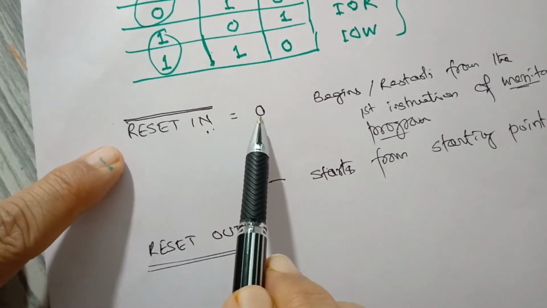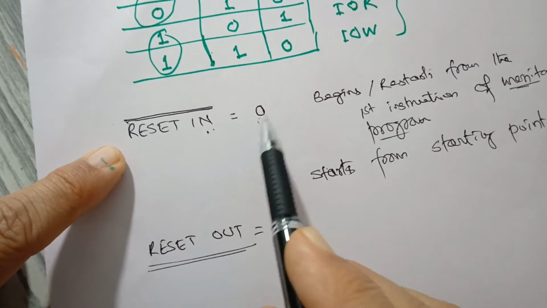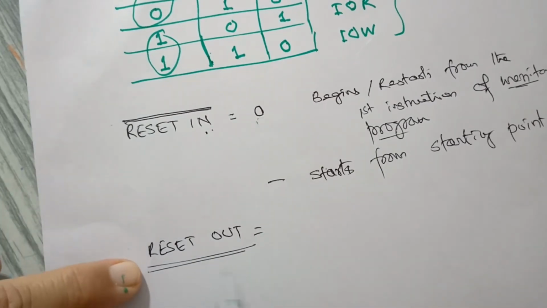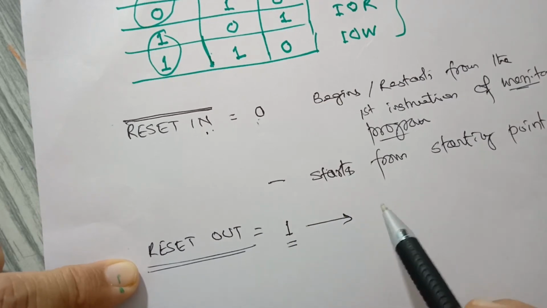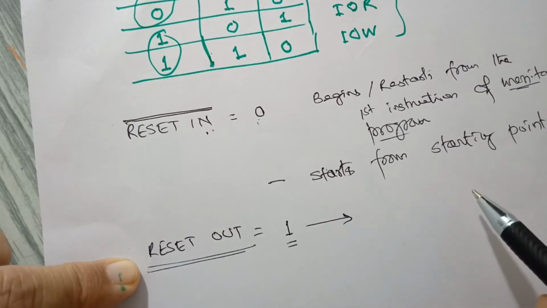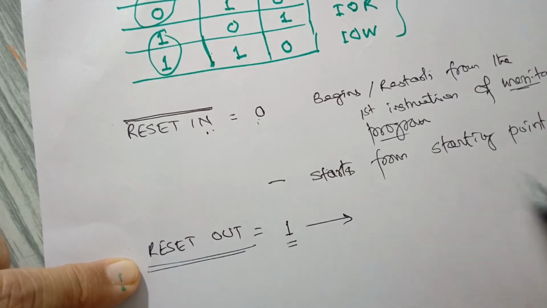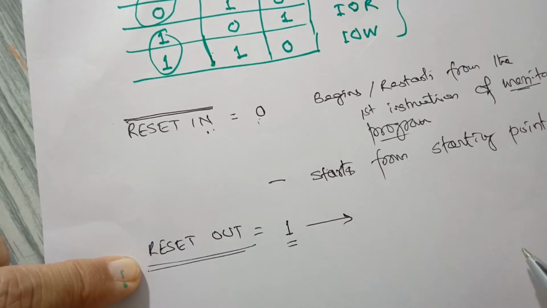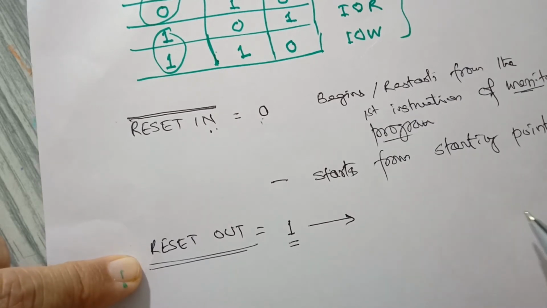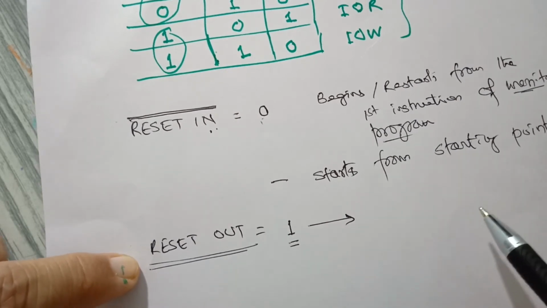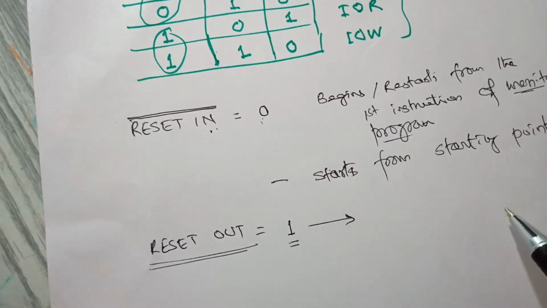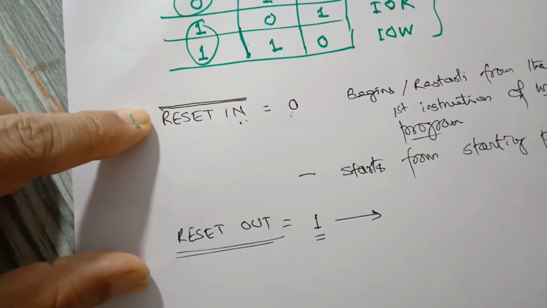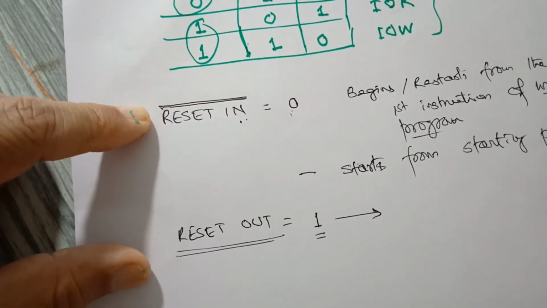The moment you make reset in 0, in response the microprocessor gives out 1 on this line, and this line is connected to reset of all the chips available on the computer motherboard, right? And therefore all the chips also restart from the starting point, that is the resetting. So these two pins are reset in and reset out.